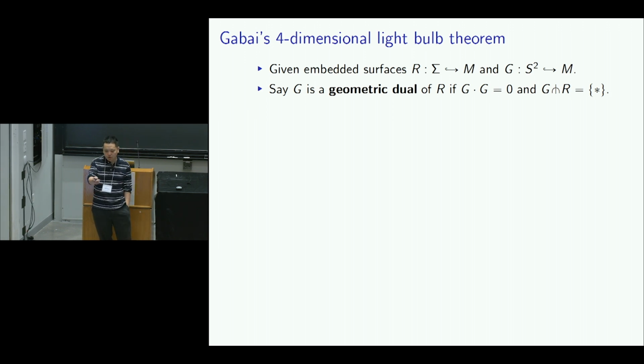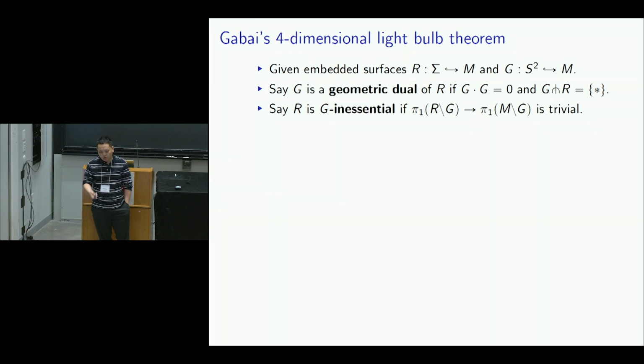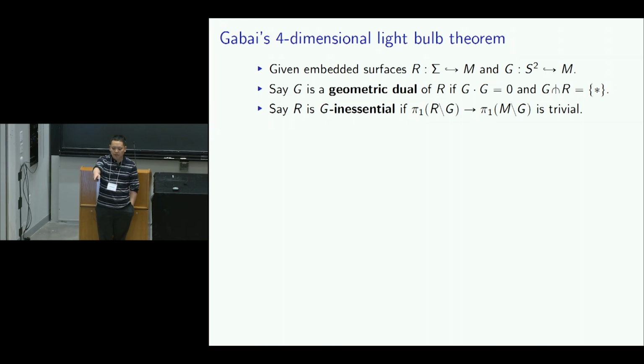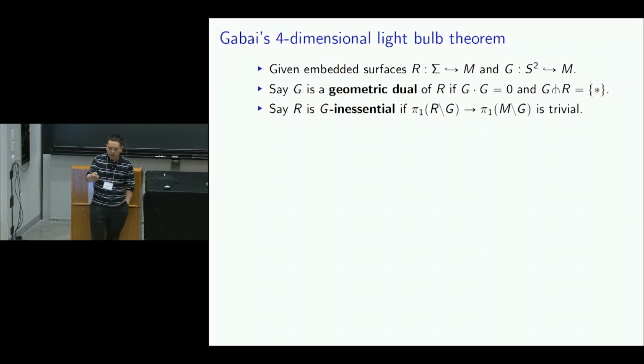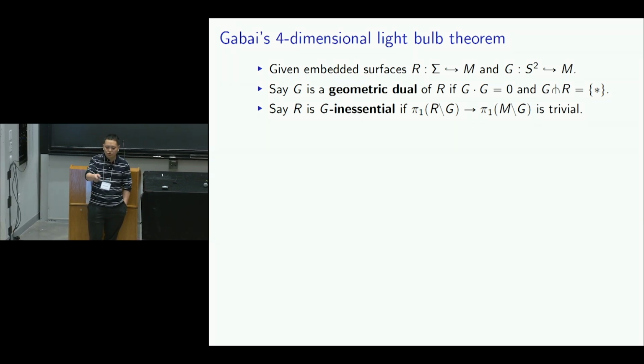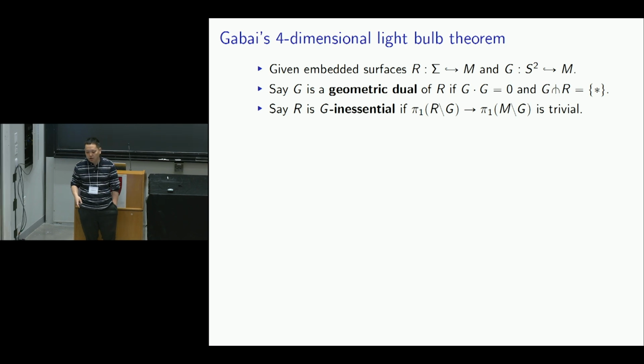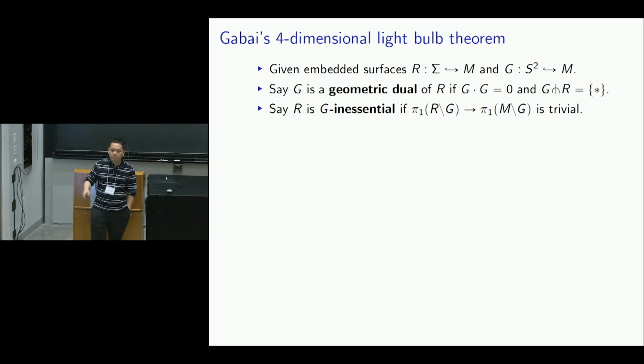Let's call this a geometric dual. Also, when we study the case where the surface has positive genus, another condition is useful. We say R is G-inessential if the fundamental group of the complement of G and R maps trivially to the fundamental group of the complement of G in M.